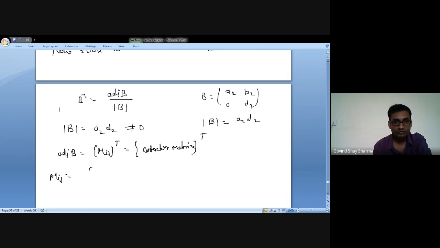Mij is d2 0 here minus b2, so the transpose of Mij is d2 minus b2 0 a2.